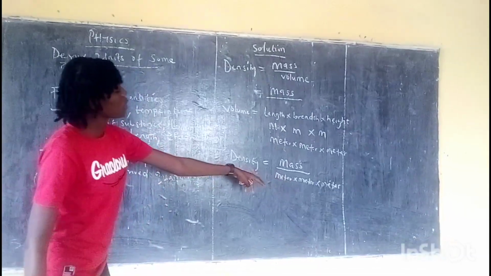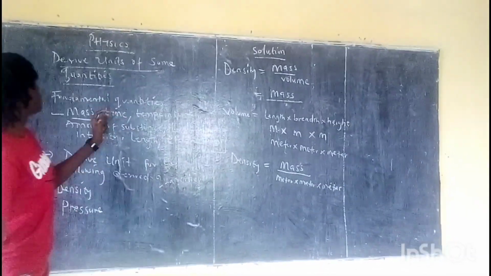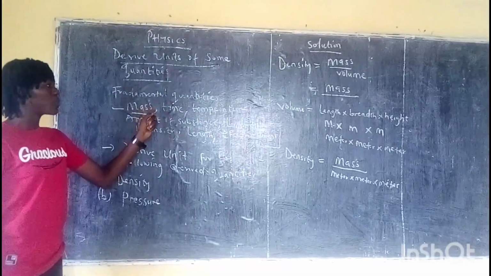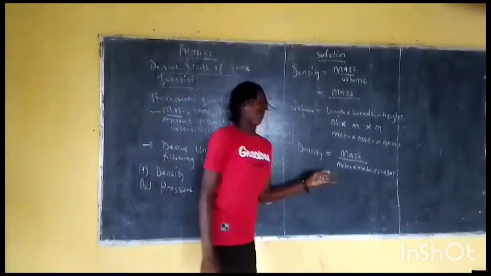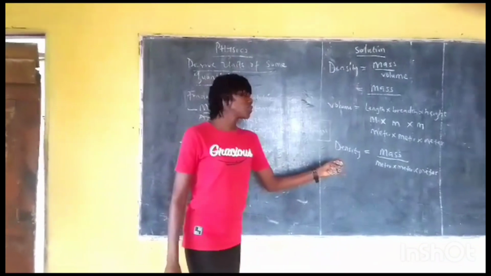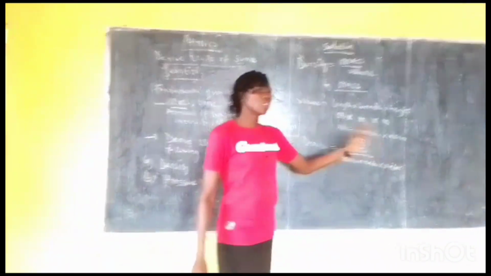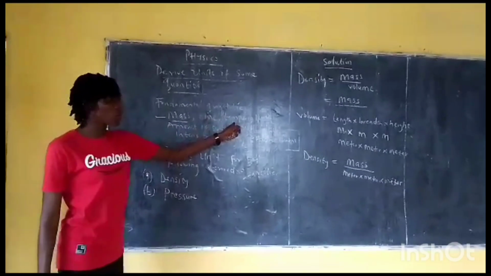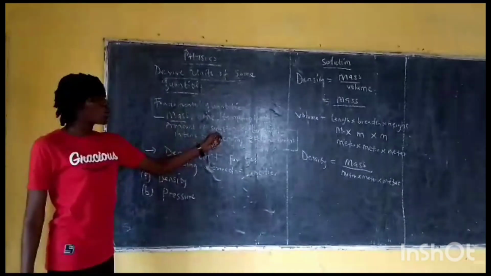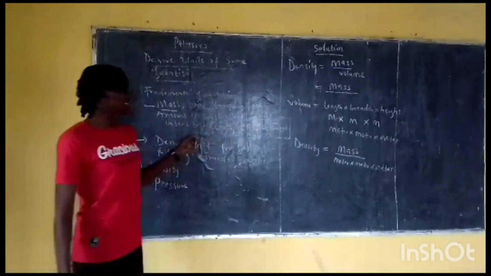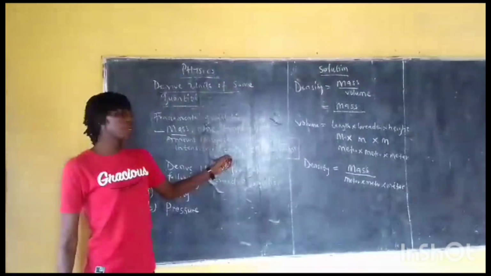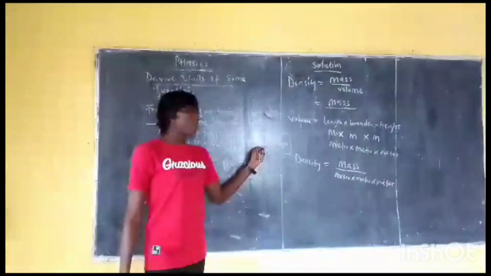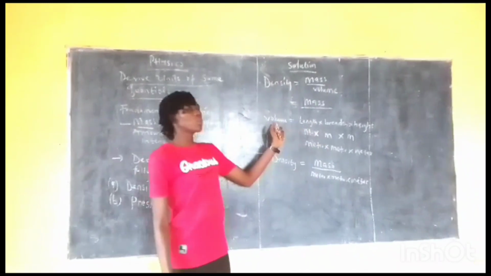We know that the unit of mass is kilograms. Mass is measured in kilograms. Time is measured in seconds. Temperature, Kelvin. Amount of substance, mole. Luminous intensity, candela. Length, meter. Electric current, ampere.